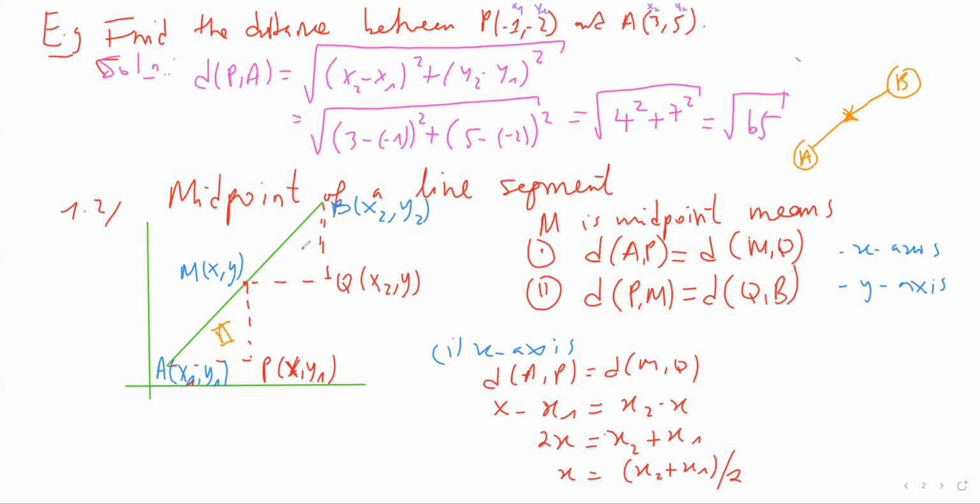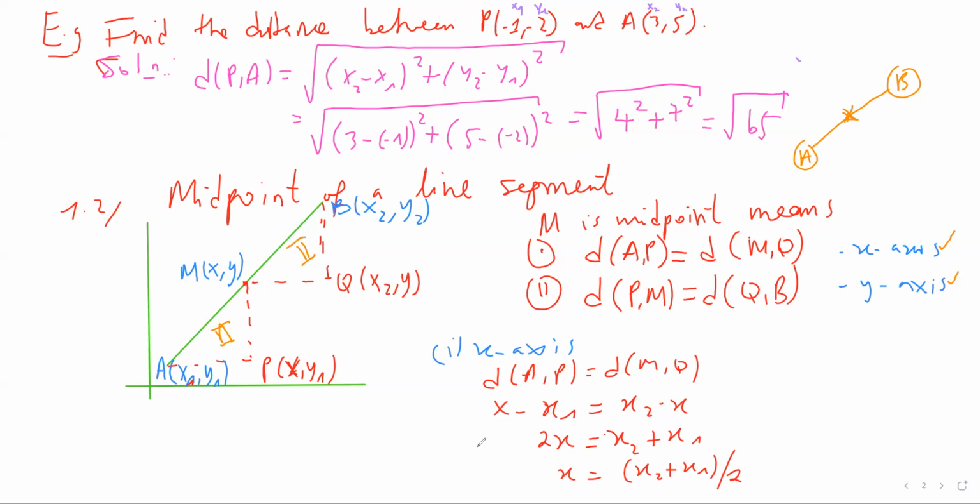Along the x-axis, the distance AP should be the same as the distance MQ, and along the y-axis, the distance PM should be the same as the distance QB. That is what we mean by a midpoint.